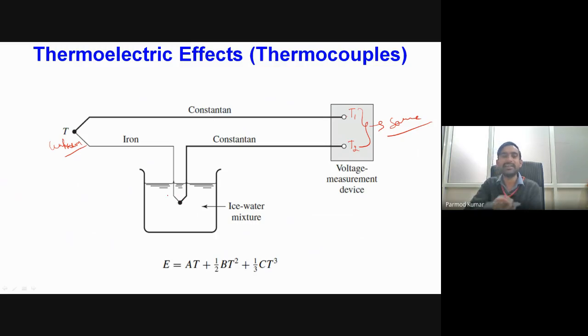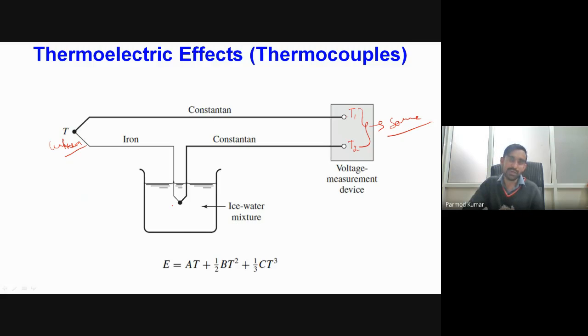In that case, the EMF will be influenced by the change of temperature at both the junctions. We will not be able to directly relate the unknown temperature to the final output EMF, because the temperature of the second junction will also be changing.